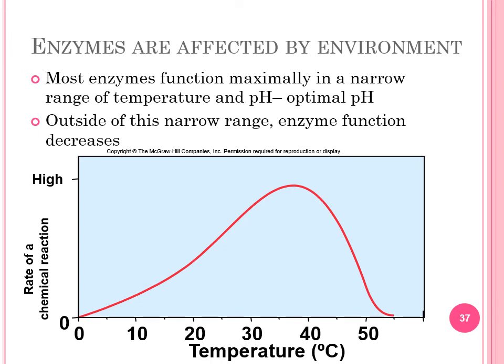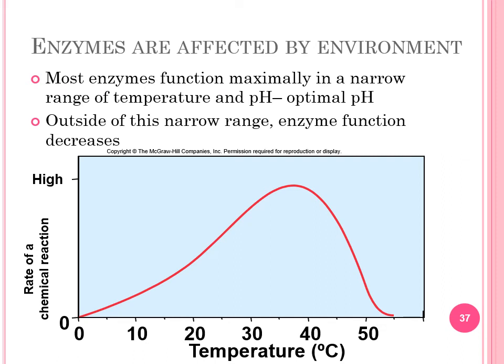This graph, you need to be able to read graphs similar to this. I told you before that enzymes are susceptible to their environment, and so enzymes have to have an optimal pH. Enzymes have to have an optimal temperature range in which they're able to function.